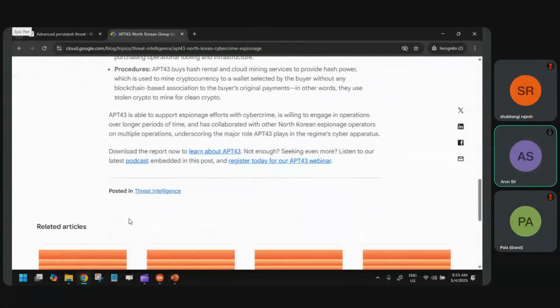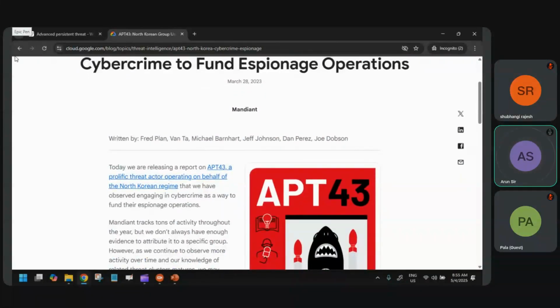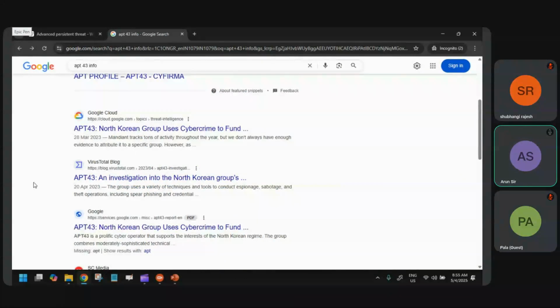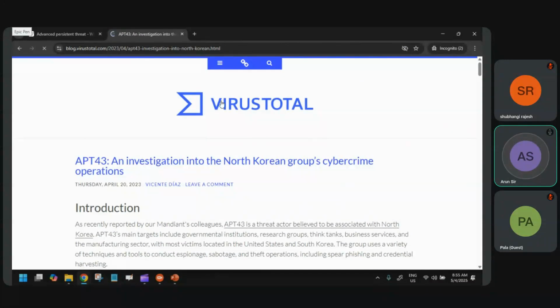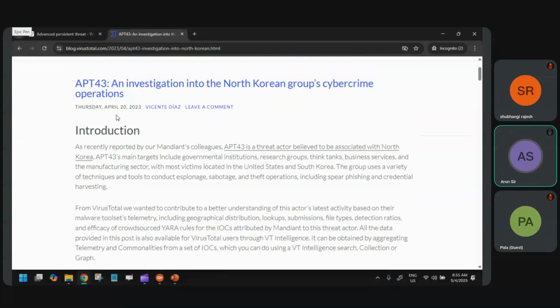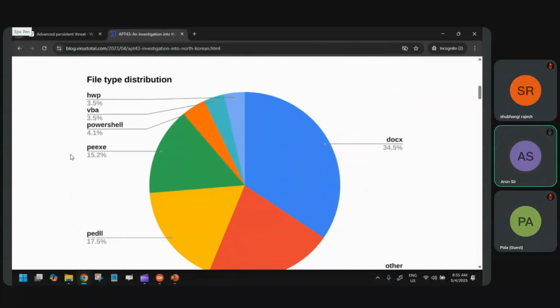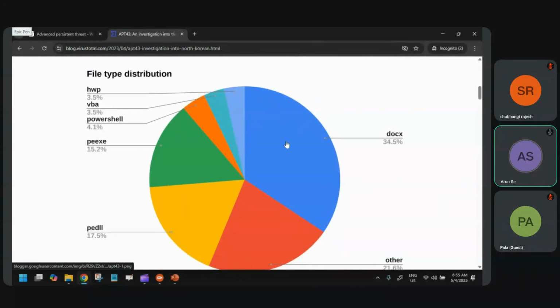Okay, so this is coming from threat intelligence. Threat intelligence is a field from where we source a lot of information on all these things so that we are aware of them. VirusTotal is a very credible IP tracking website which has published an article on how APT actors are targeting, even with docx files and then PowerShell.